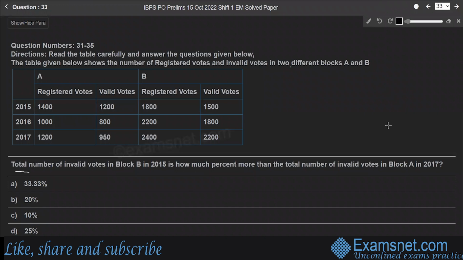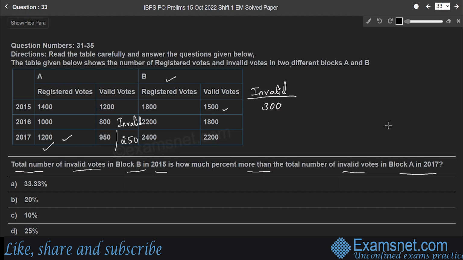Question 33. The total number of invalid votes in block B in 2015 is how much percent more than the total number of invalid votes in block A in 2017? So invalid votes in block B in 2015 is 300, whereas invalid votes in block A in 2017 is equal to 250.